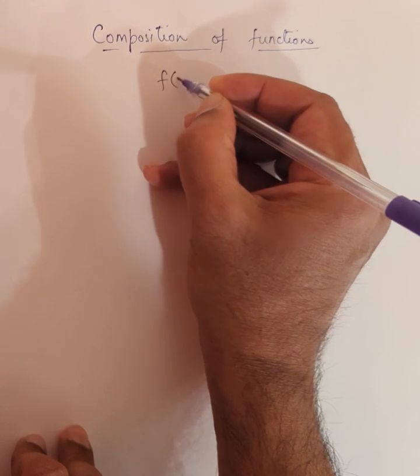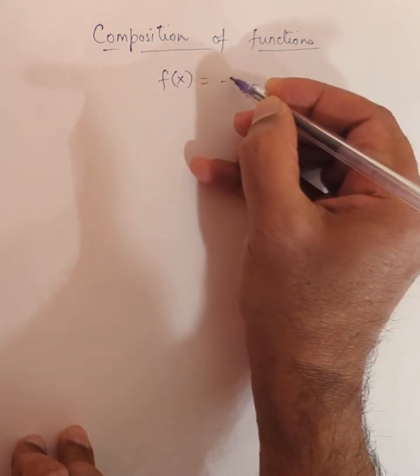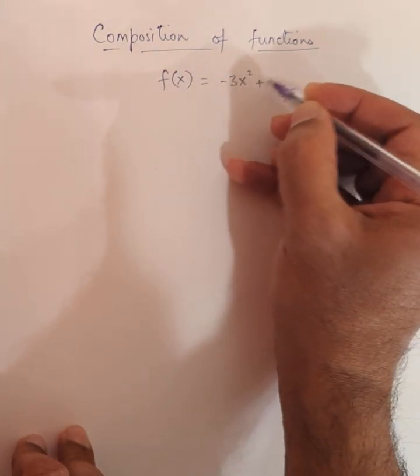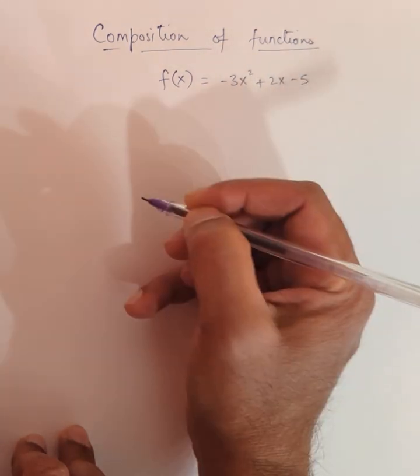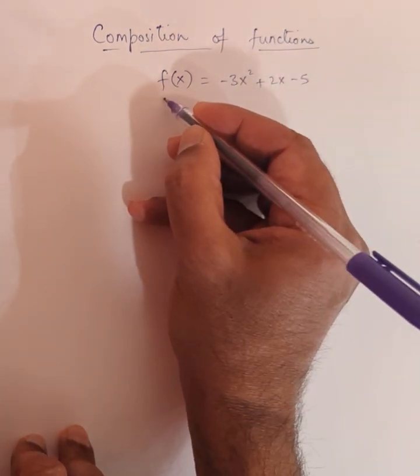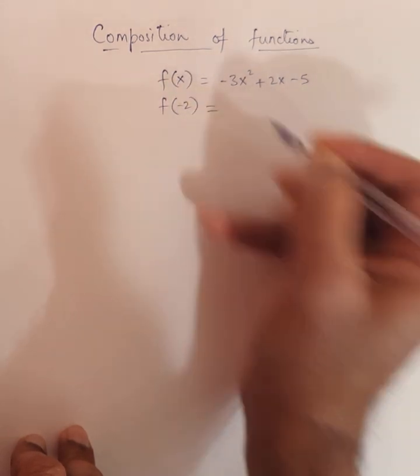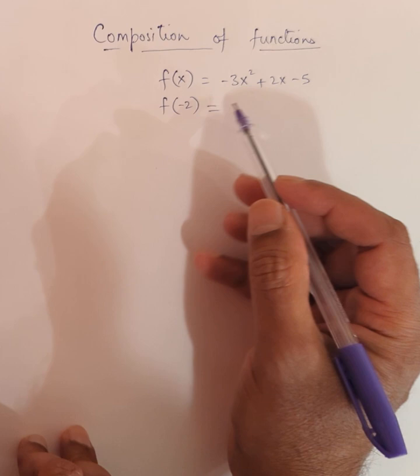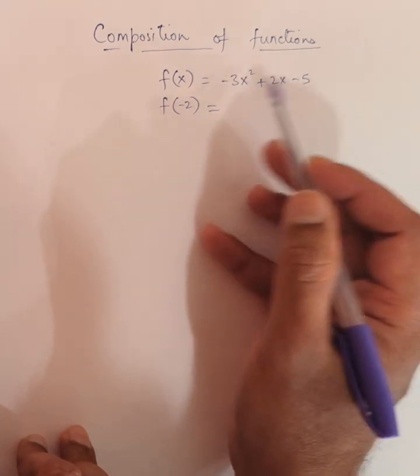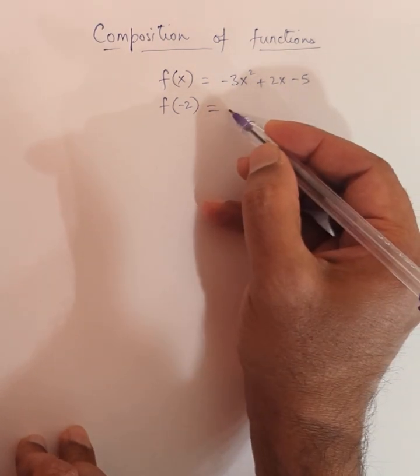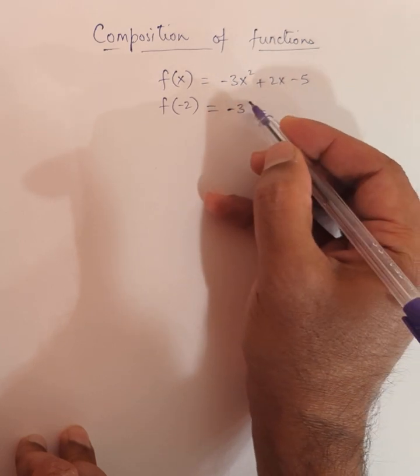If I have a function, say f of x equals negative 3x squared plus 2x minus 5, and I'm asked to evaluate f of 2, or let's say f of negative 2. So what I would need to do is use this formula. I'm going to copy that formula except for x.